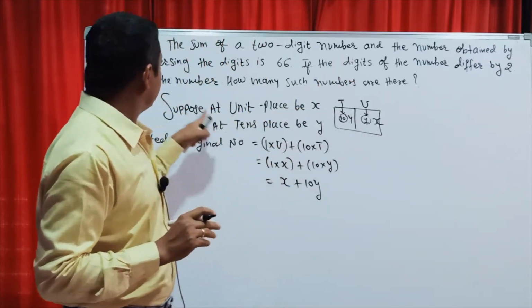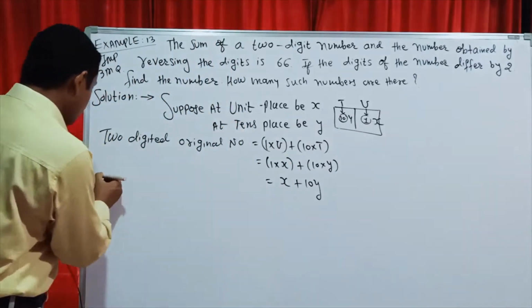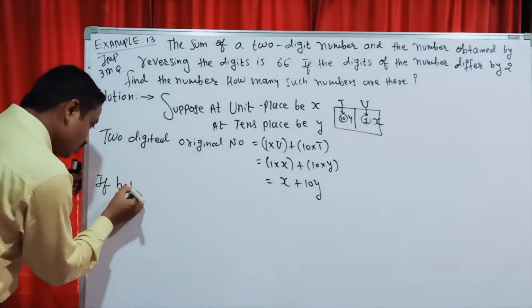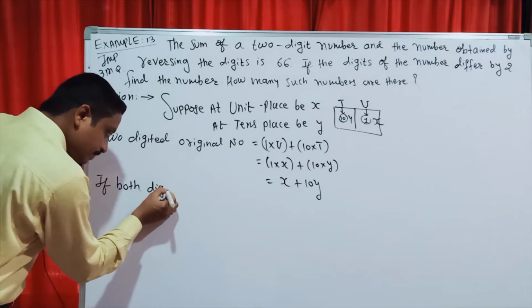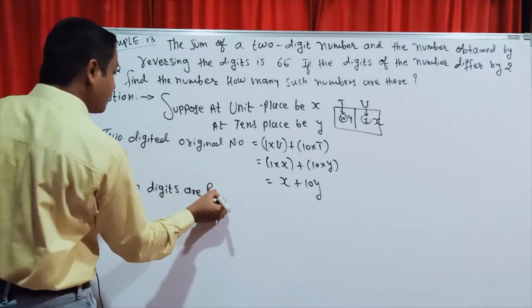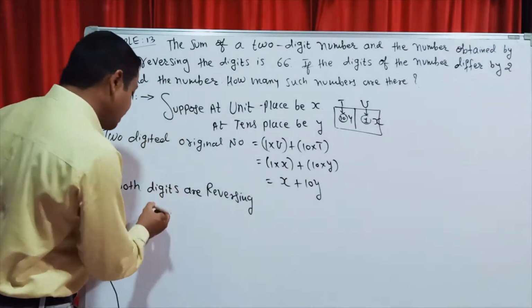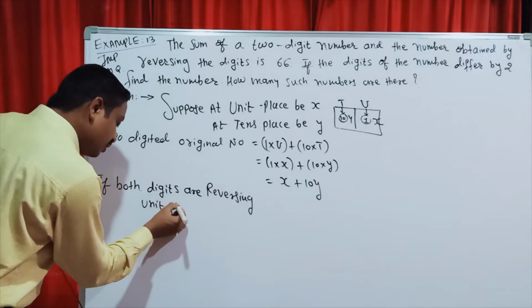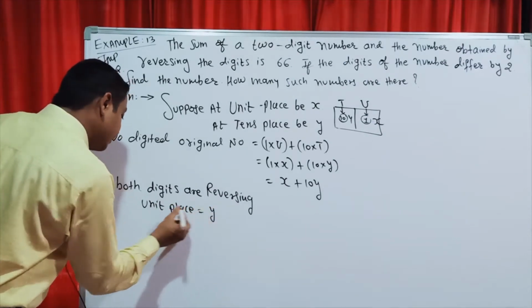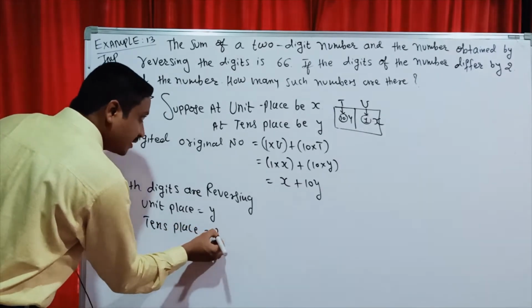Now read the statement: reversing the digits. It means digits are interchanged. If both digits are reversed, it means the unit place changes. Now unit place I assume is y and tens place is x.